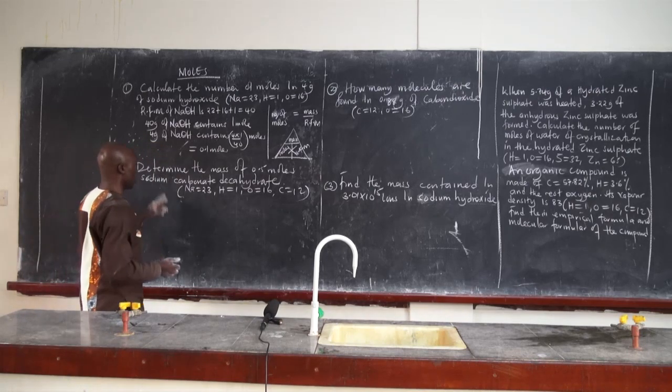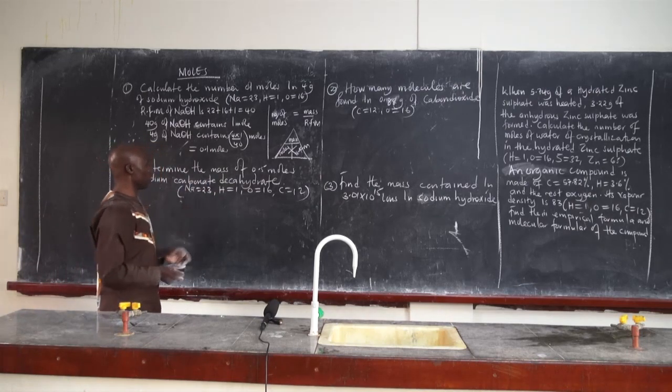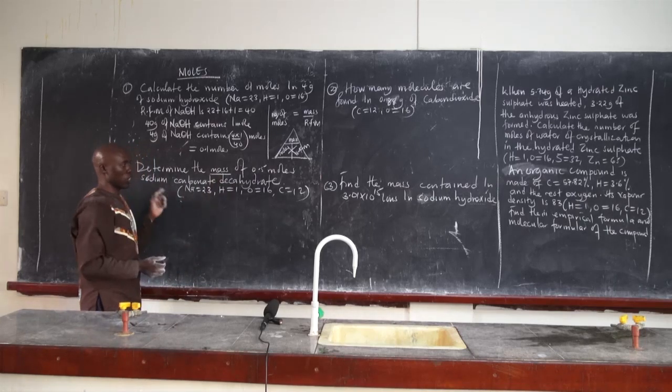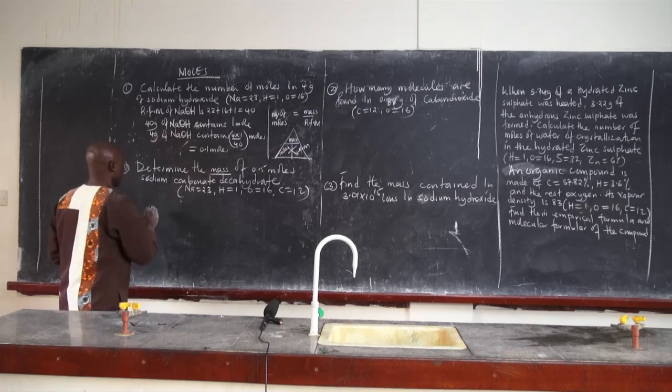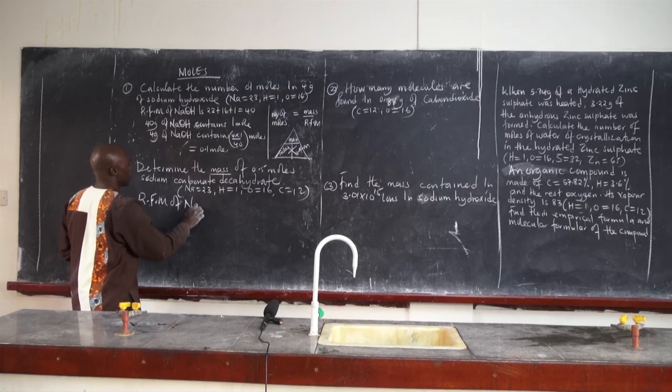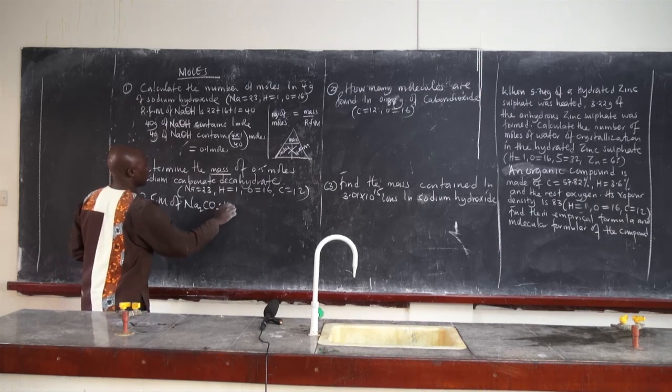Let's go to number 2. Determine the mass of 0.5 moles of sodium carbonate hydrate. The question wants mass, so I need to get the RFM there. So RFM of sodium carbonate, deca means 10 water.